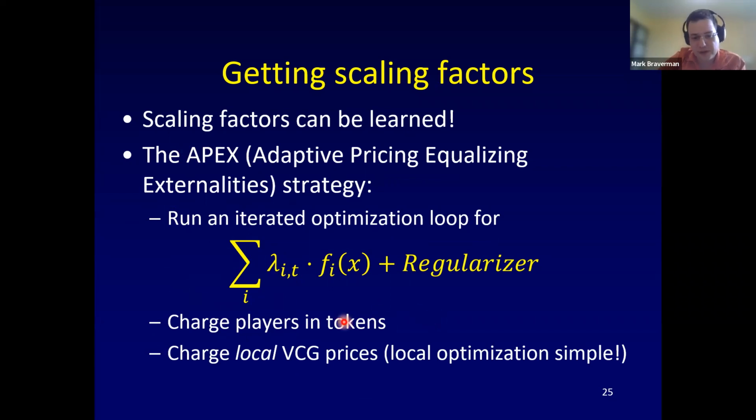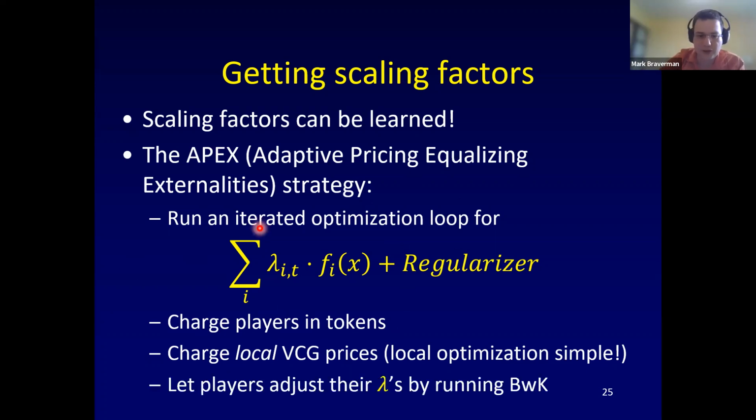We charge local VCG prices. If you remember, one of the problems with VCG was that it's extremely unstable numerically. If we stay local, this is not such a problem. Locally, everything can be approximated by a quadratic function.